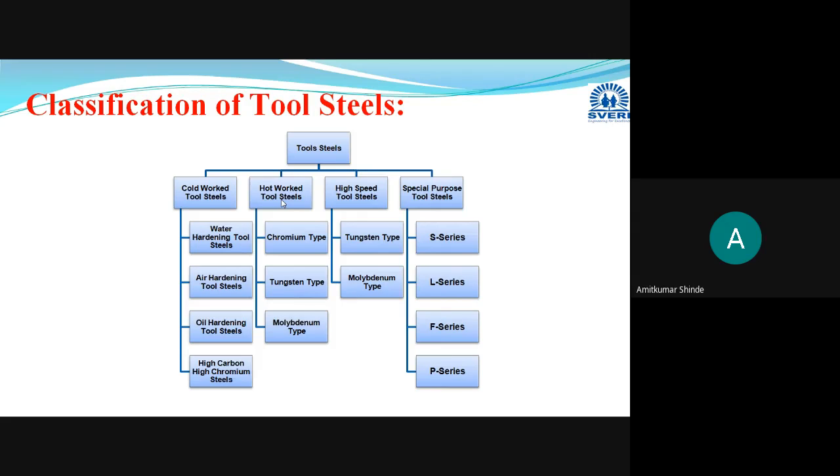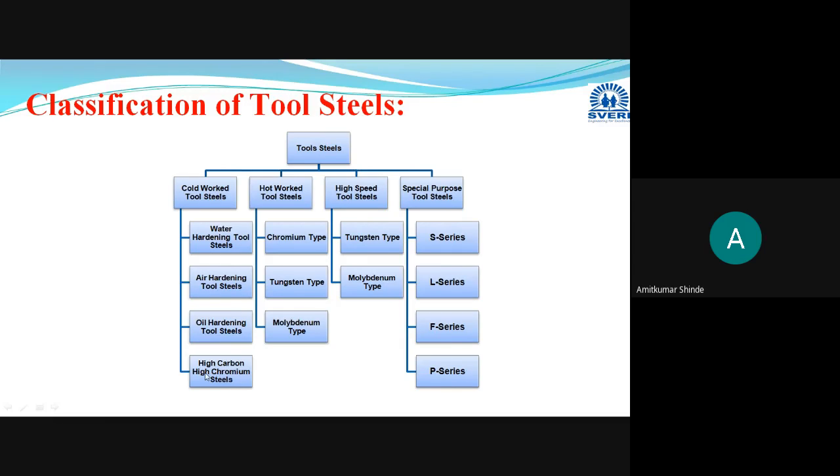Depending on their composition and depending on the medium of hardening used, these cold worked tool steels are classified in four different types: water hardening tool steels, air hardening tool steels, oil hardening tool steels, and high carbon, high chromium steels.